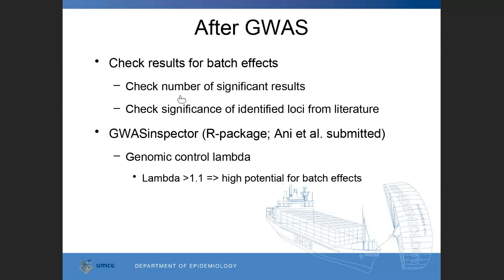So if you encounter either too high a number of significant results, or if your significant results don't match the literature, or if you see this high genomic control lambda, then you should look into the raw data, or at least the genotyped data, to see why these batch effects occur. You may be able to identify the causes. Maybe there are a lot of very rare SNPs that are causing this.